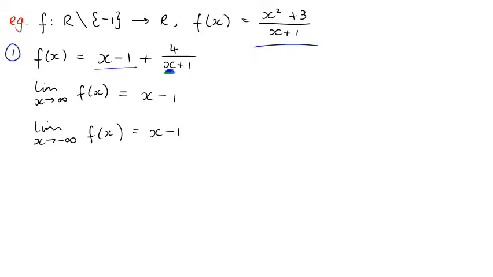So that's the first step done. As x is getting bigger, the function approaches the straight line y equals x minus 1. And as x approaches negative infinity, as it gets more and more negative, it still approaches that y equals x minus 1 line.